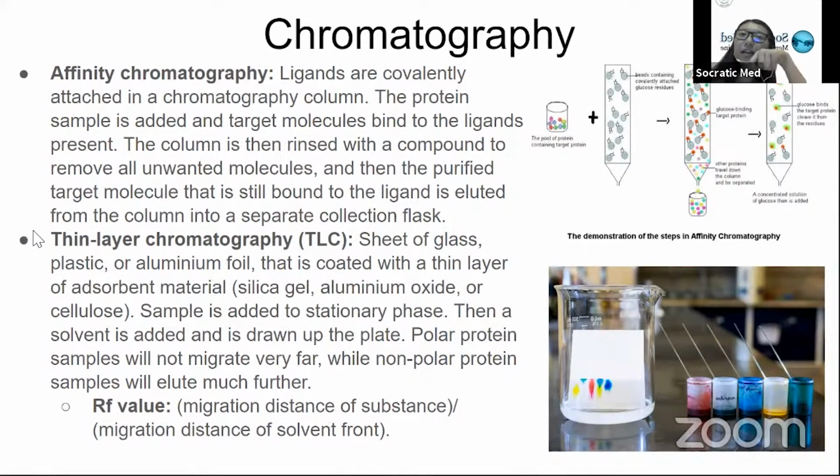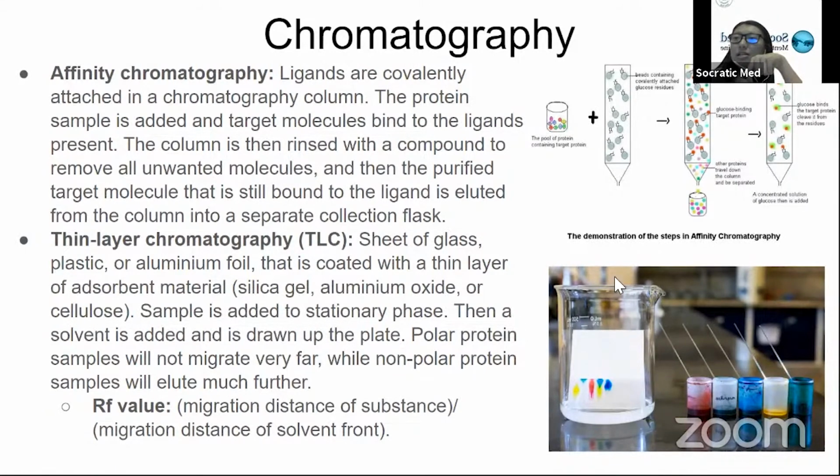So then the other one is thin layer chromatography, which is something that you've probably seen quite often in chemistry lab. It's a sheet of glass, plastic, or aluminum foil that is coated with a thin layer of adsorbent material. Commonly, it's silica gel, aluminum oxide, or cellulose.